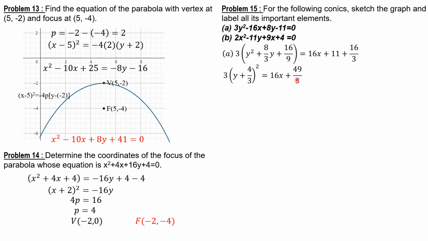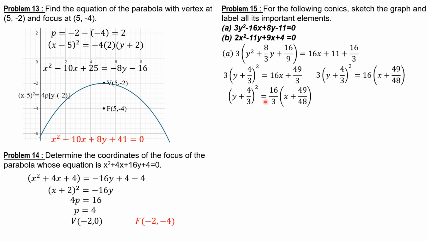Factor out 16 from the right side of the equation. So 3 times quantity y plus 4 thirds quantity squared is 16 times quantity x plus 49 over 48, where 48 is 3 times 16. So divide everything by 3. Y plus 4 thirds quantity squared is 16 over 3 times quantity x plus 49 over 48.